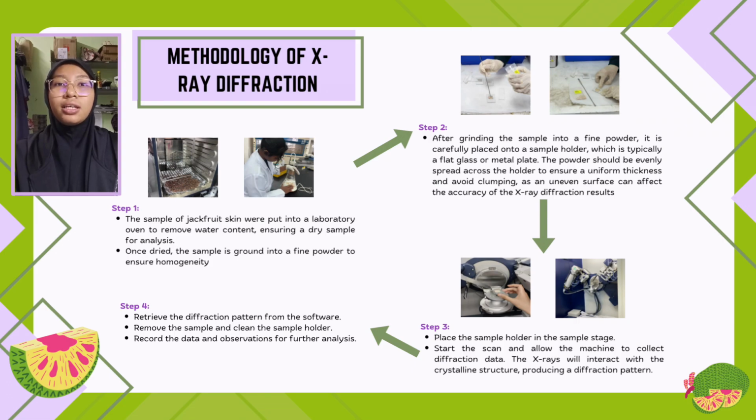Step 3 is setting up the instrument. The sample holder is placed in the sample stage of the XRD machine. Once the sample is in place, the scan is started. The machine will then emit X-rays which interact with the crystalline structure of the sample, producing a diffraction pattern.